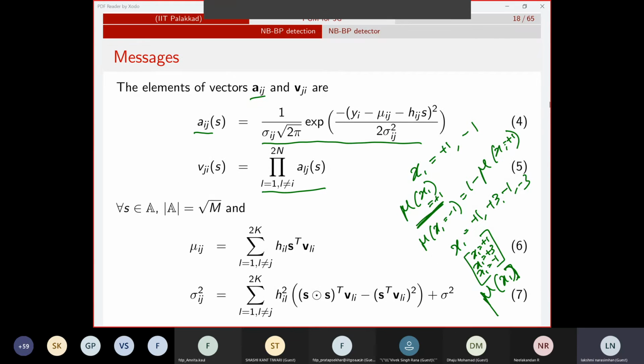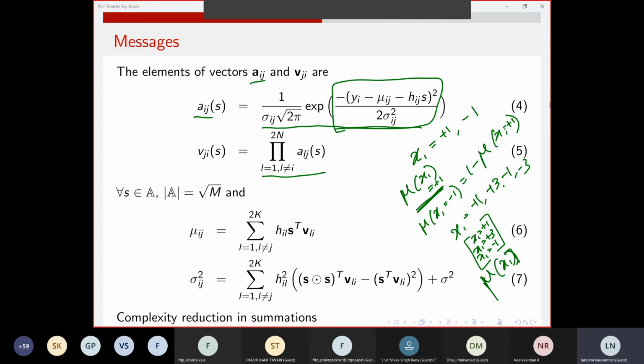And remember, to compute this message at the observation node or at the factor node, what we are using is all the messages from the other variable nodes, and these are the probabilities. The vector s here is simply nothing but +1, +3, all the values that the symbol can take.